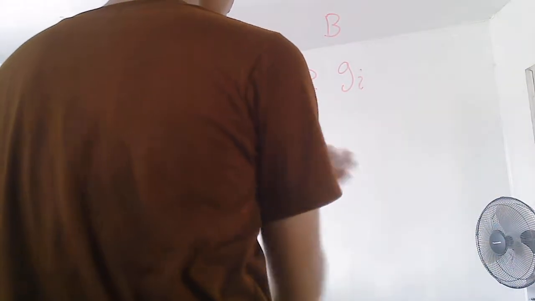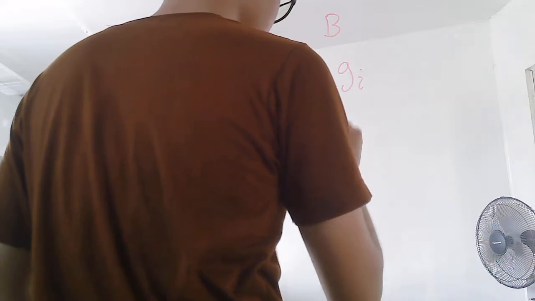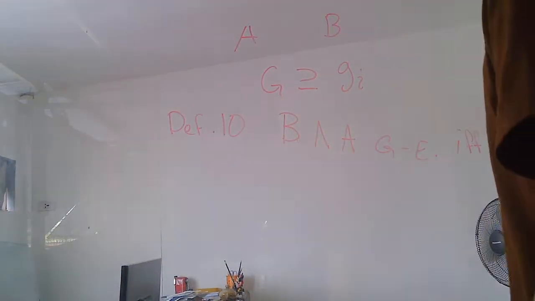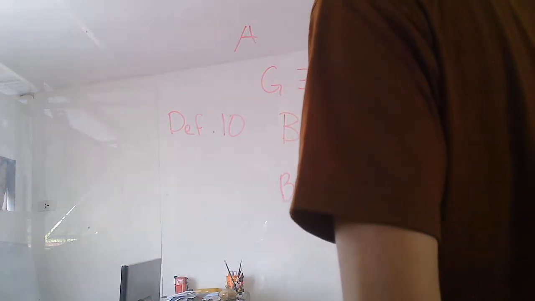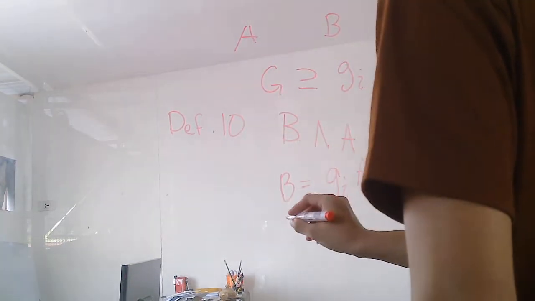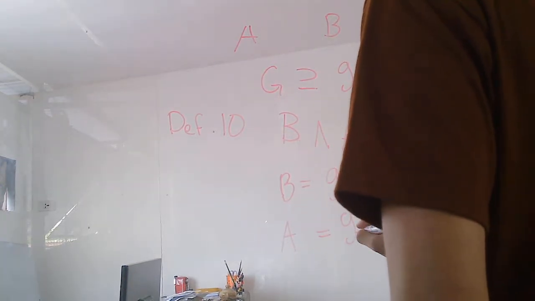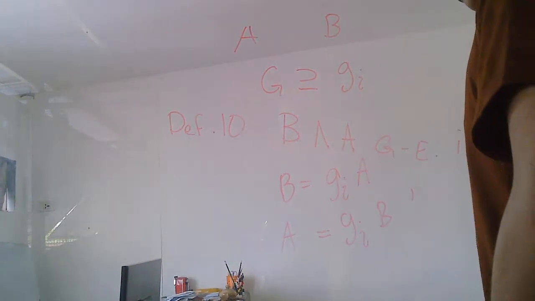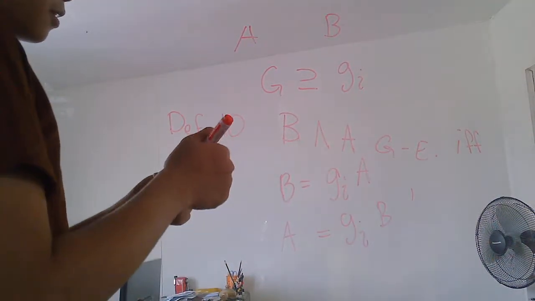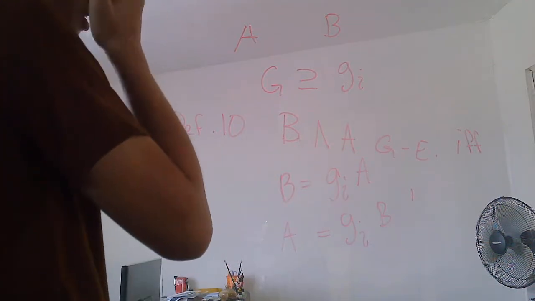What our definition is saying is basically that B and A are G-equidecomposable if and only if B is equal to g_i acting on A, and A is equal to g_i acting on B. So if we apply this on all the elements of A, we would get B. If we apply this on B, we get all the elements in A. So now we can think of this action g_i as cutting up A and then rearranging the pieces.